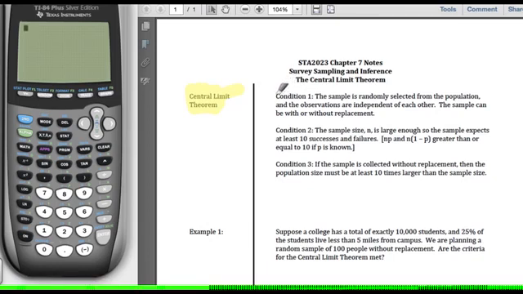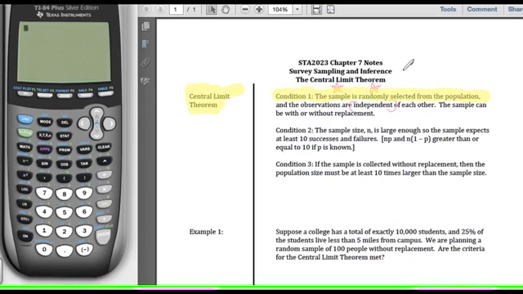The first condition, and the condition that we want to check, is that the sample is randomly selected from the population. The sample that we have is randomly selected. As well, the observations should be independent of each other.